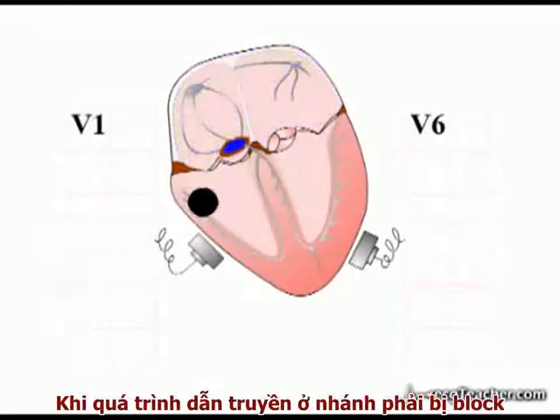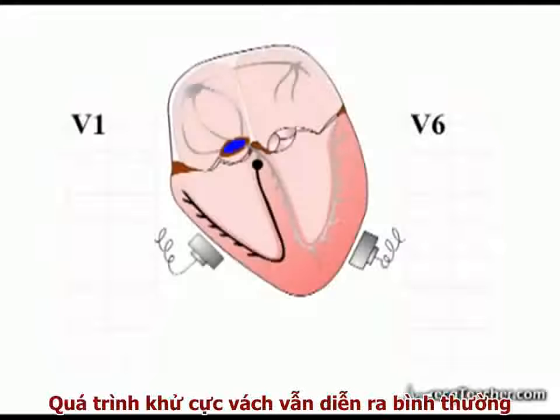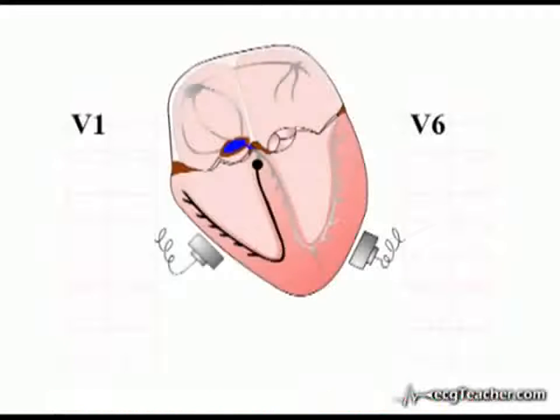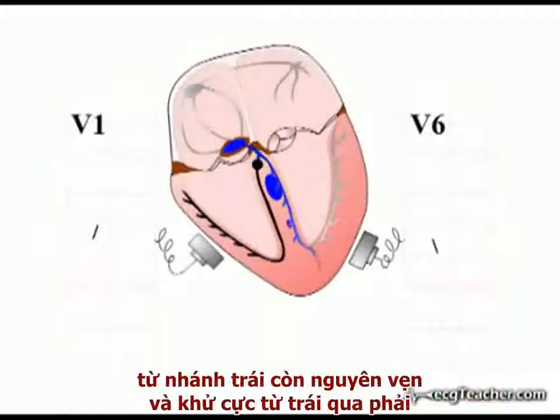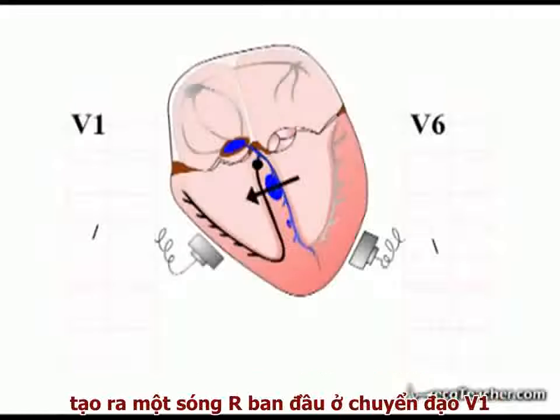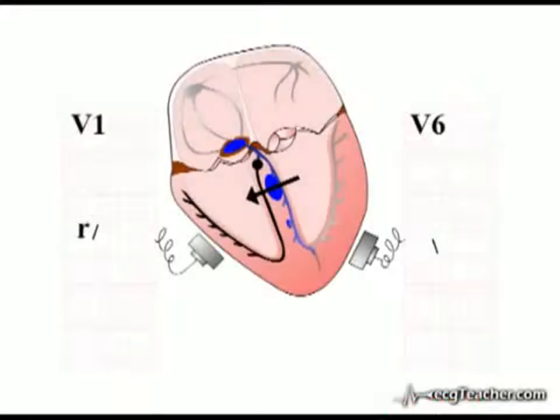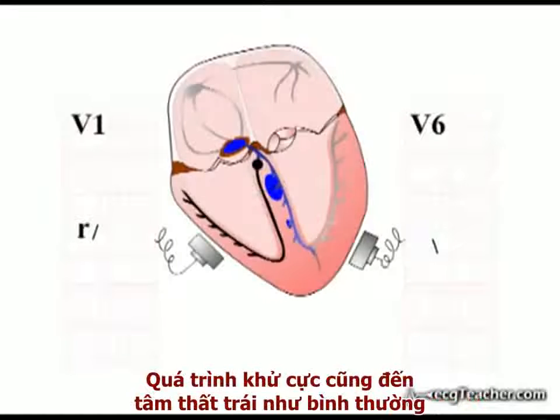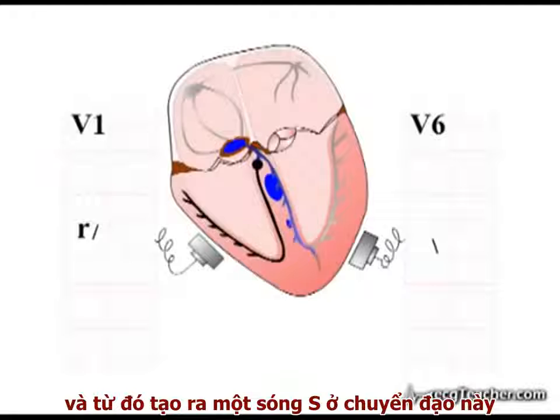When conduction in the right bundle branch is blocked, septal depolarization proceeds as normal from the intact left branch from left to right, producing an initial R wave in lead V1. Depolarization arriving as normal in the left ventricle then generates an S wave in this lead.